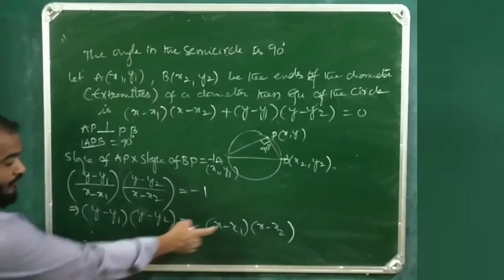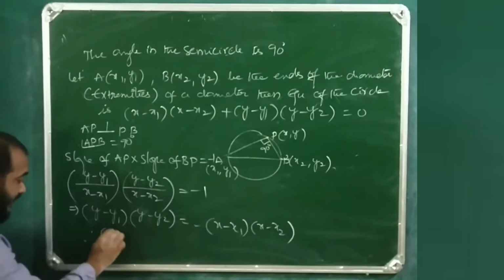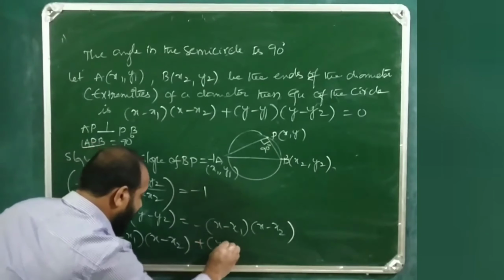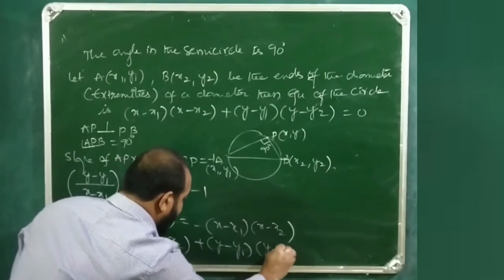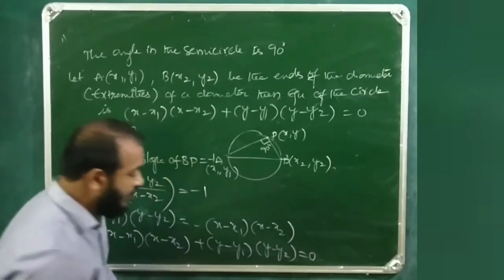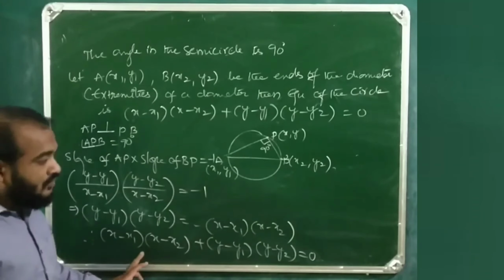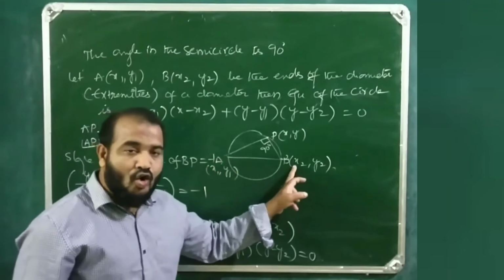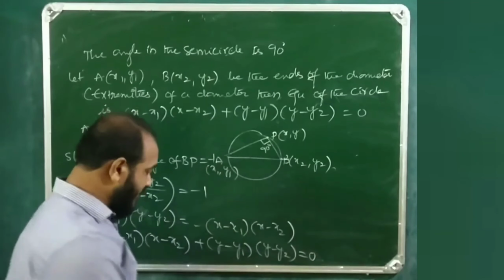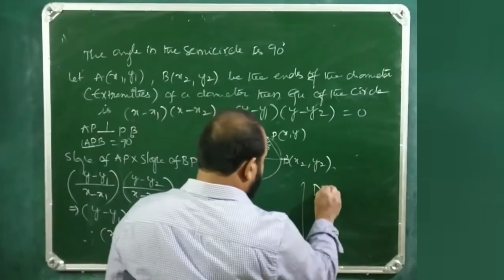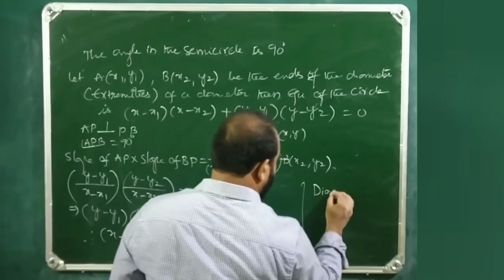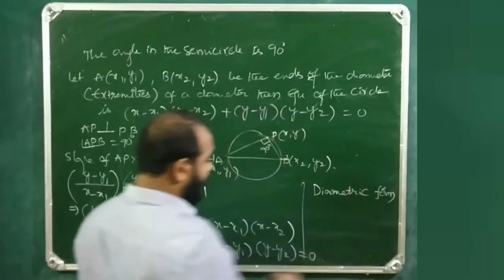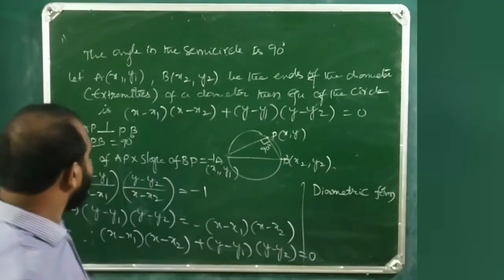So if you transpose this to the other side, (x minus x1)(x minus x2) plus (y minus y1)(y minus y2) is equal to 0. So this represents the equation of the circle when the ends of the diameter are given. So this is called the diametric form.